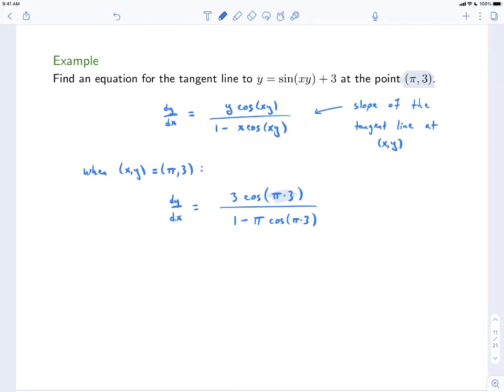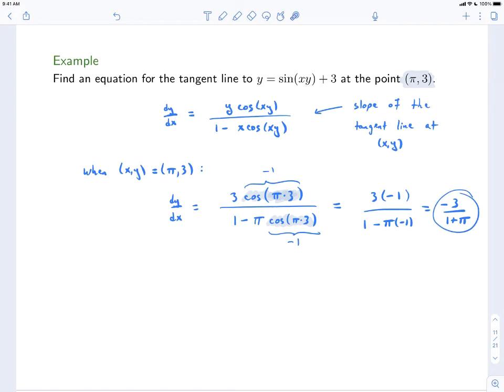So this is going to be equal to -1, and this one's going to be equal to -1 as well. So cosine of pi times 3 is equal to -1. And that means that dy/dx is 3 times -1 over 1 minus pi times -1, which is -3 over 1 plus pi. So this is the slope of the tangent line at this point.